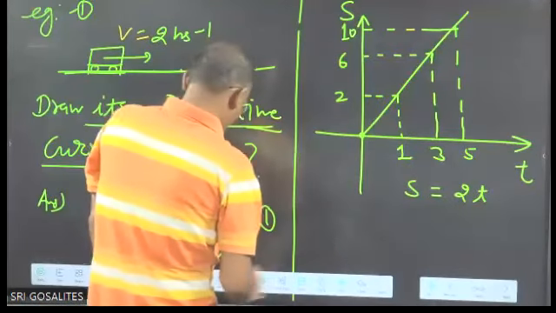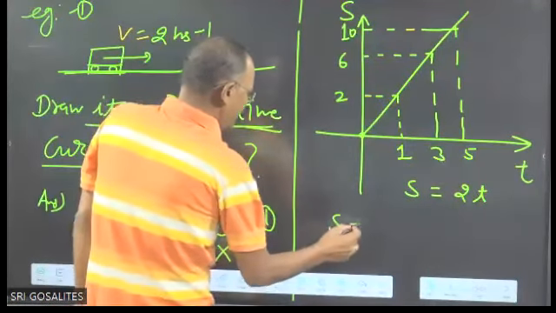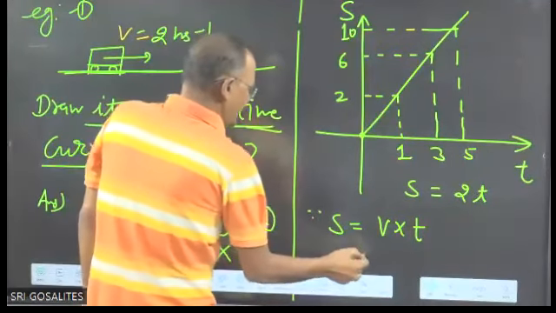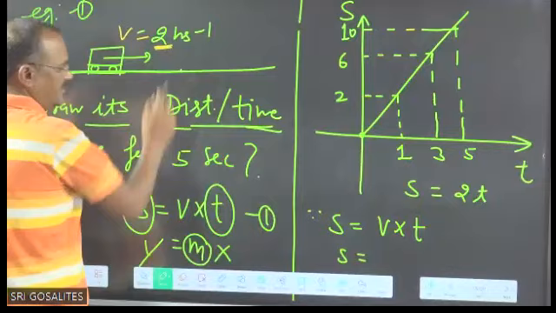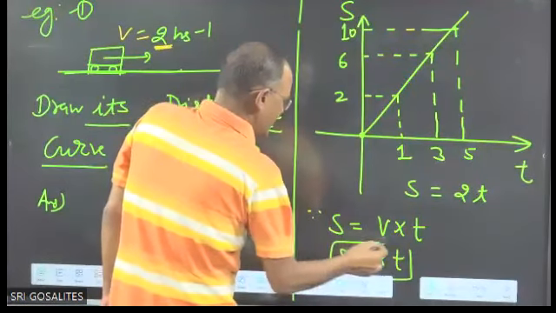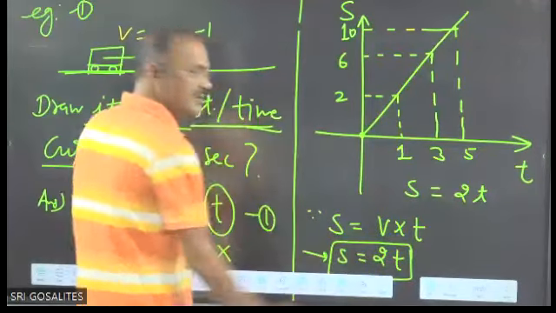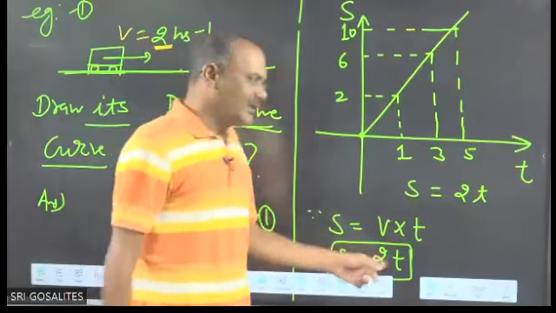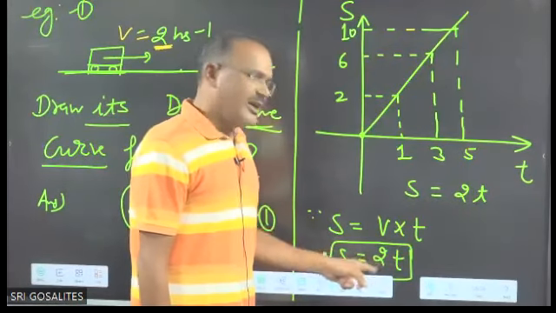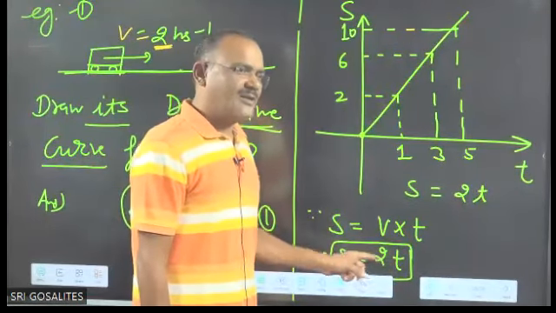Bachcho, distance traveled by a body is speed into time. What is the speed of this car? 2. So this is the distance traveled by the car in t time. In 1 second, how much will the car travel? 2 meters. In 2 seconds, 4. 3 seconds, 3 2s are 6.